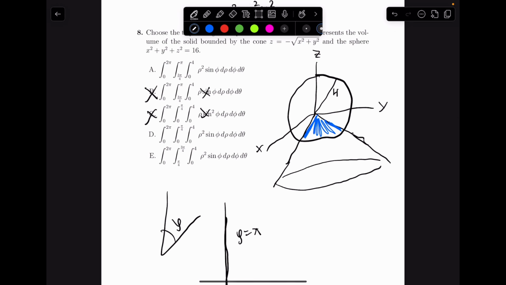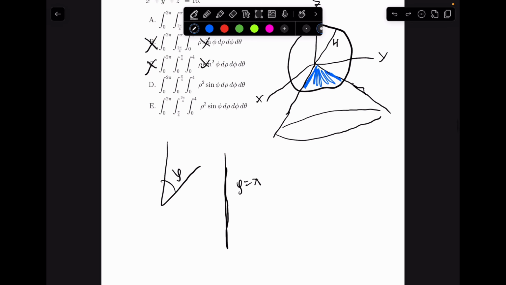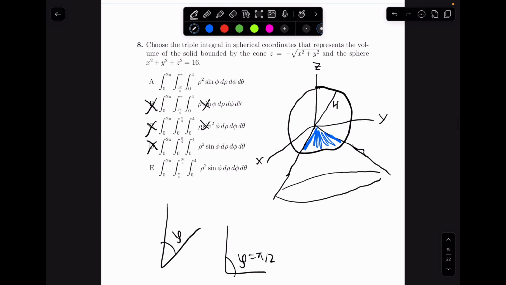Since we're below the z-axis in this picture, we want phi to start and end at something greater than pi over 2, because pi over 2 would be this right here. So everything needs to be greater than pi over 2. So D is out, and let's look at E. Is phi going from pi over 4 to 3 pi over 4? Or is it going from 3 pi over 4 to pi?